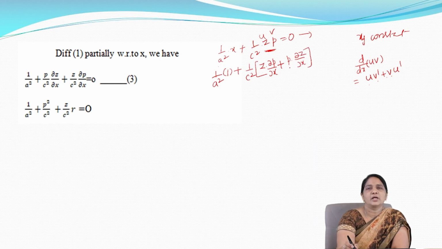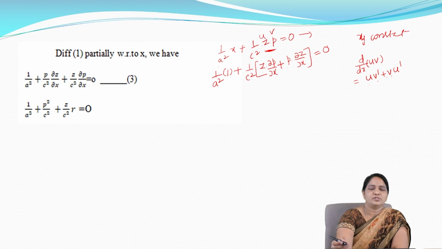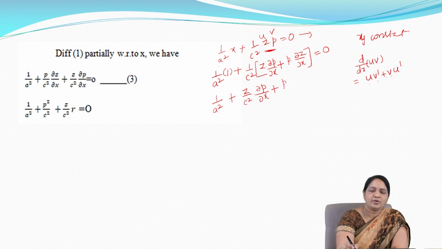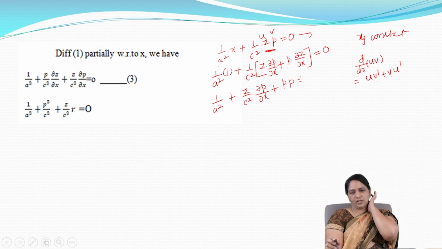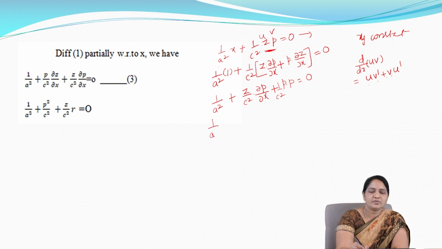Dou z by dou x is also p, so p into p I can write. So finally I got the equation 1 by a square plus z by c square into dou p by dou x plus 1 by c square into p square equal to 0.